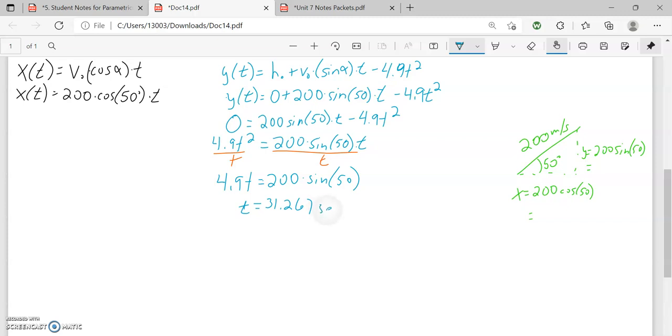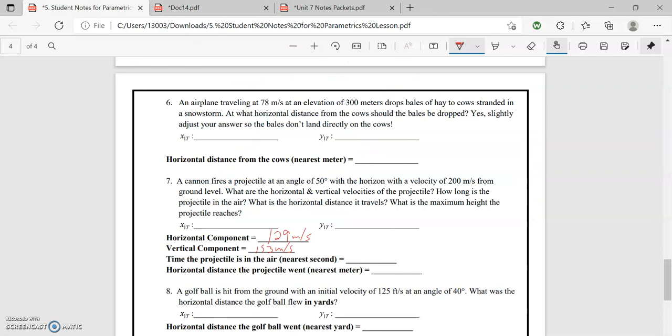That's how many seconds this projectile is in the air. That is a very long time. 30 seconds of flight time is a long time, but you can get quite a ways up in the air in 30 seconds and back down. So, going back, the time the projectile is in the air, to the nearest second, is 31 seconds.